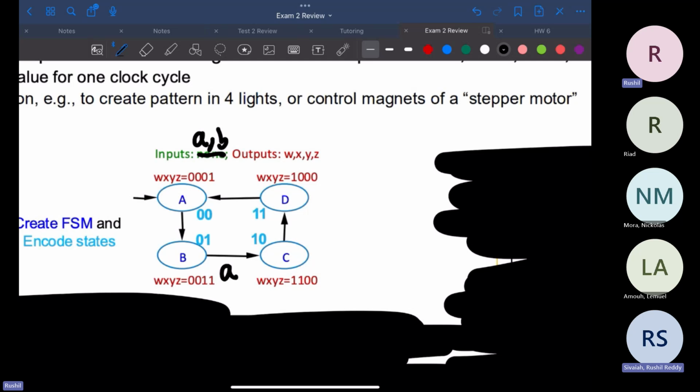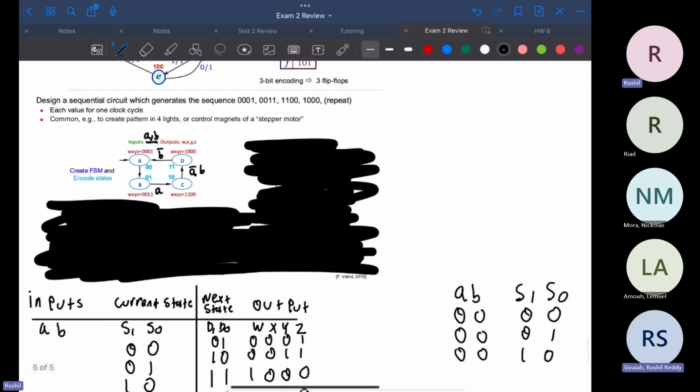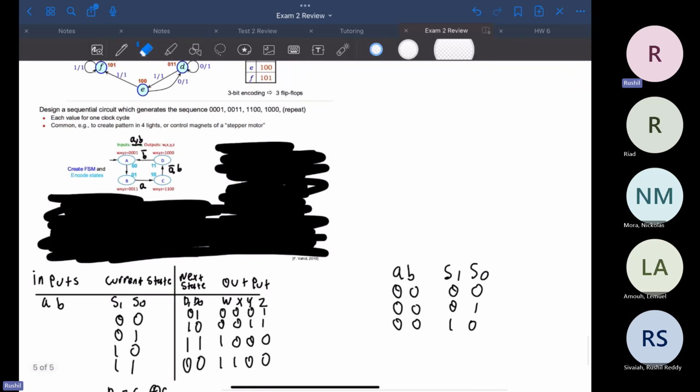This one is A, this one is A not B, and this is B not. Actually, for future reference, do the current state first and then your inputs whenever you're doing this.